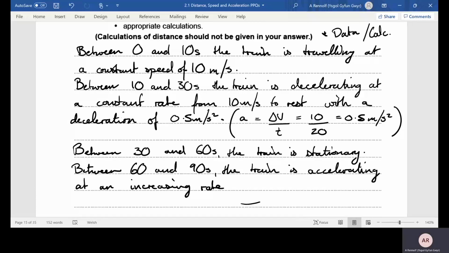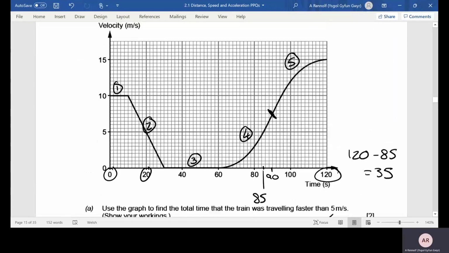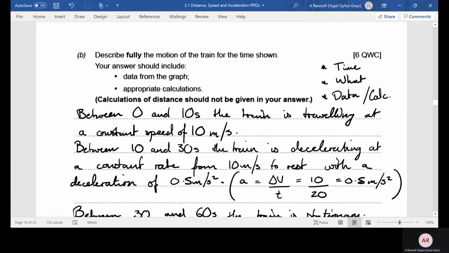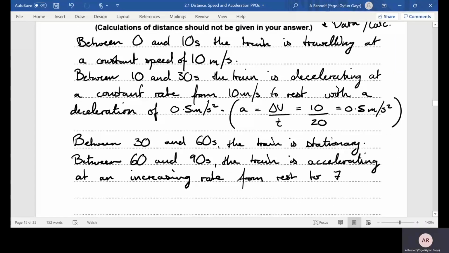That means it's going like that. It's that kind of shape for part four. Okay, the train is accelerating at an increasing rate from rest to, let's see what speed we get to in part four. At 90 seconds, we hit 7.5 meters per second over here. So from rest, 7.5 meters per second.